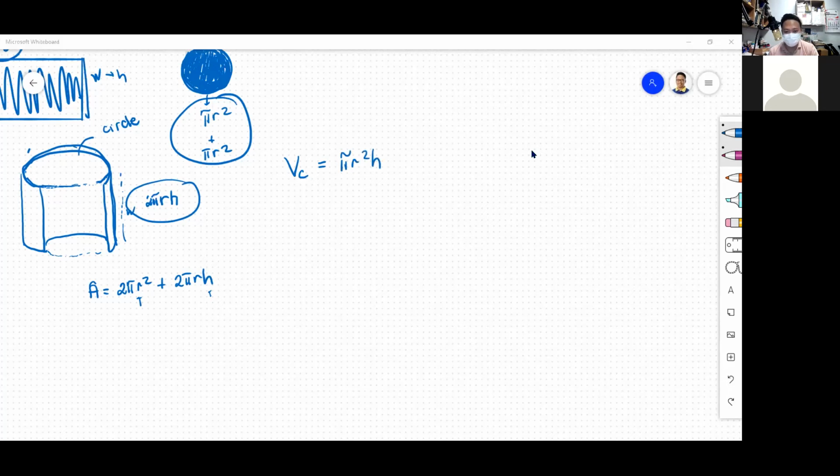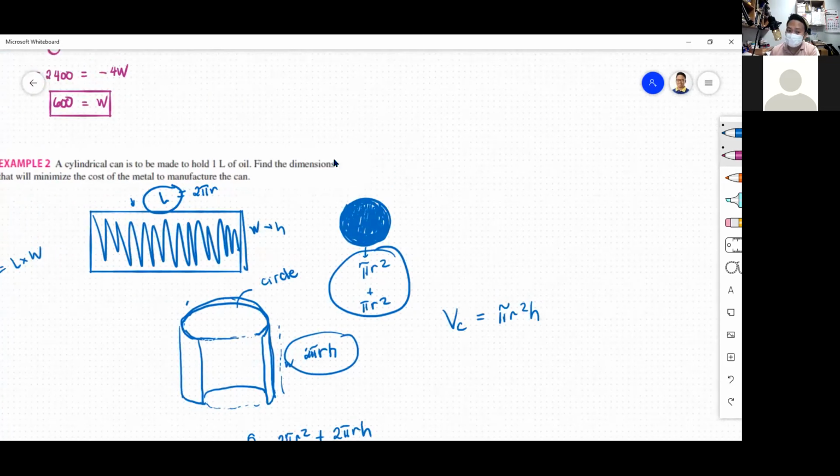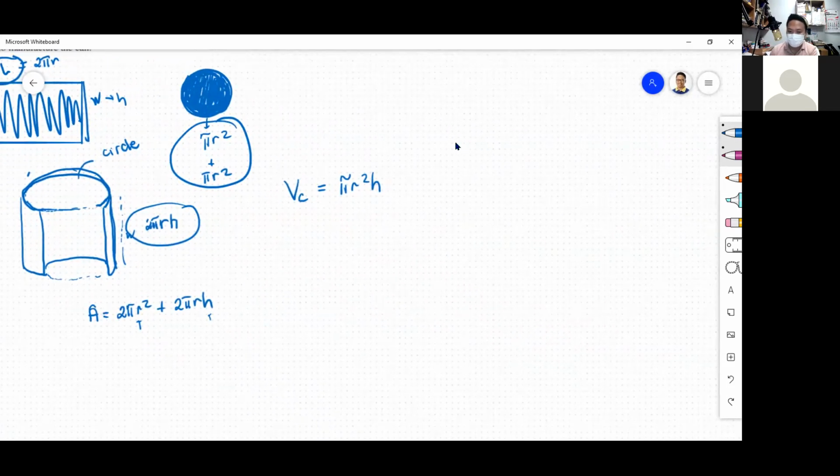Let me check my solutions para ma-compare. Very good. And we know what is the specific value of the volume, and that's 1 liter, or we can say it's 1,000. Di ba? 1 liter is thousand man a liter. So pi r squared h equals 1,000. Amen?